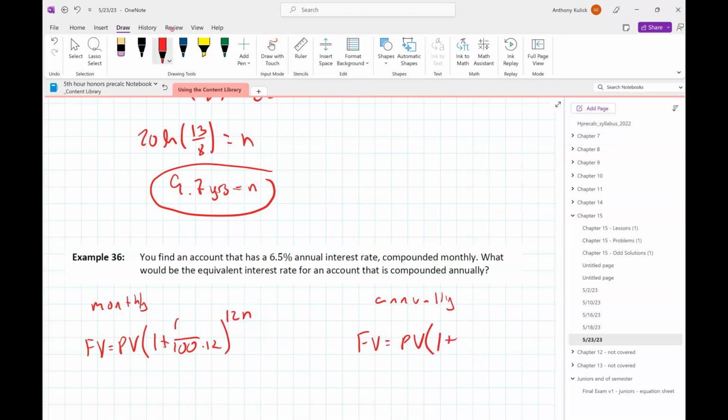Oops, that's not r, that's 6.5. But this one's r because we don't know what that is. Everybody agree there on what I filled in?